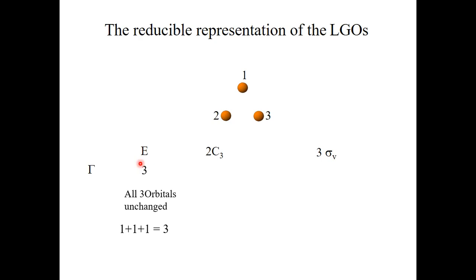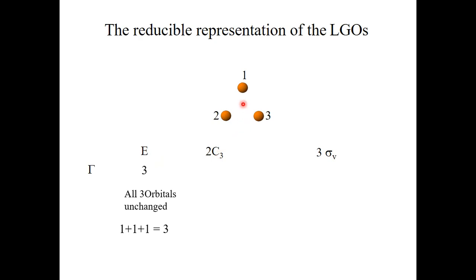So next, we go to the C3 symmetry operations, and we could either pick the C31 or the C32 symmetry operation. Wouldn't matter. We can just pick the C31 symmetry operation and ask ourselves, well, do the orbitals change their positions or do they remain at their positions? The answer is again pretty simple.